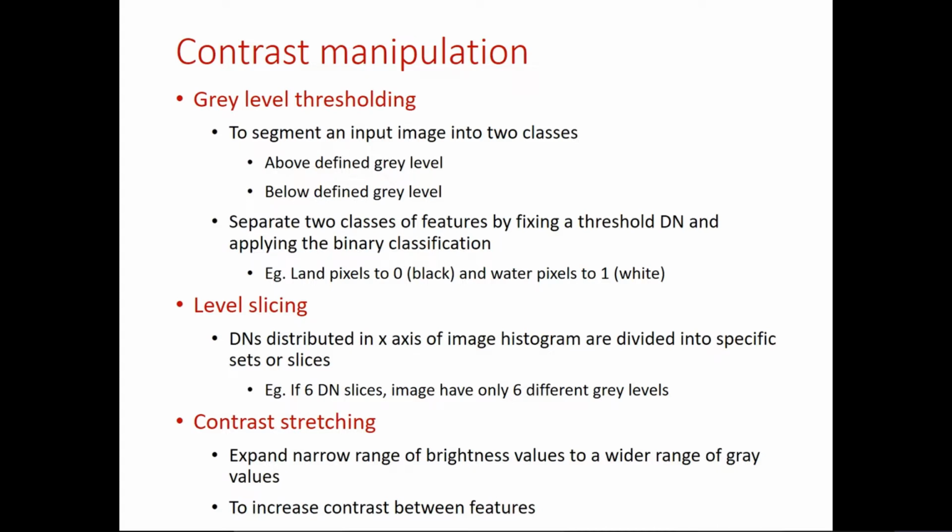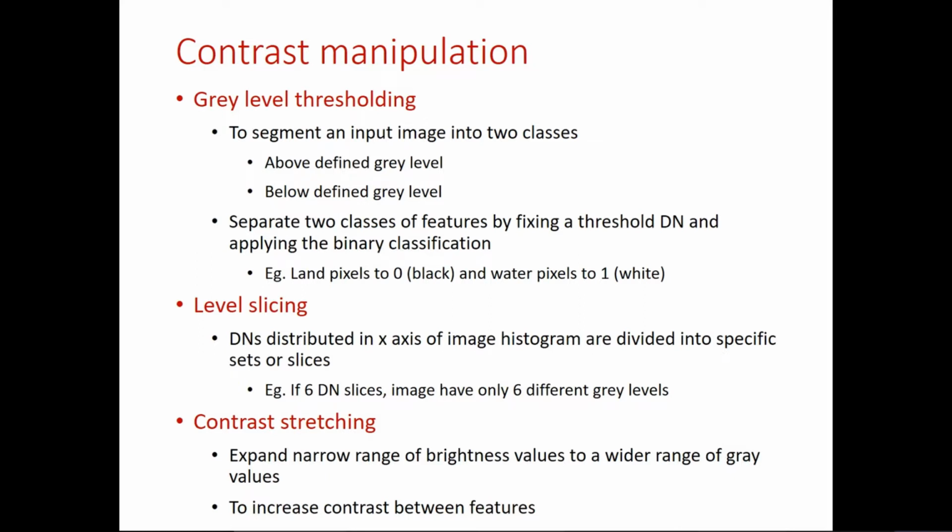It's a binary classification. So anything below that DN is one particular feature, and anything above that DN is another feature. So you are segmenting that input pixel into two classes based on a threshold DN that you decide. One is above that defined DN value or gray level, another one is below that defined gray level.